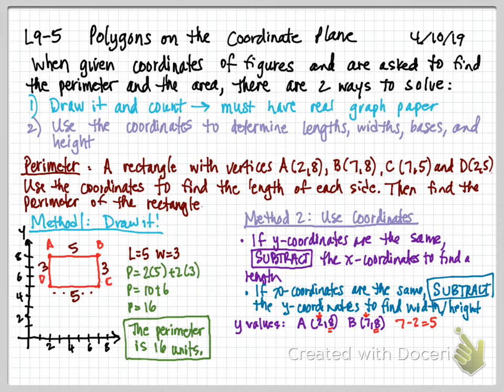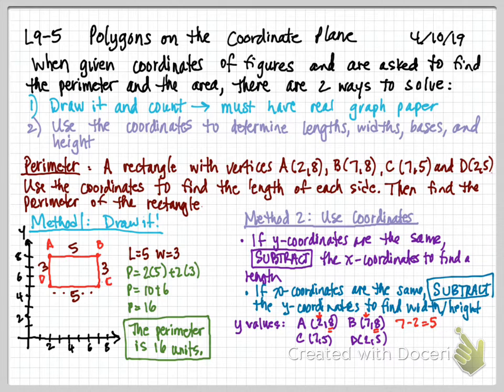Okay? And if you look at the other coordinates, 7, 5 and 2, 5, so that's your CD, the same thing would happen. C is at 7, 5. D is at 2, 5.